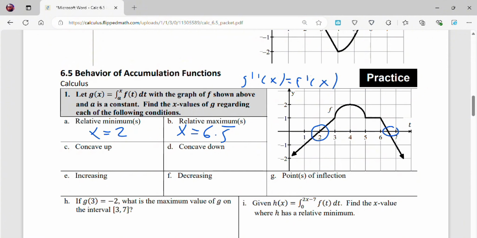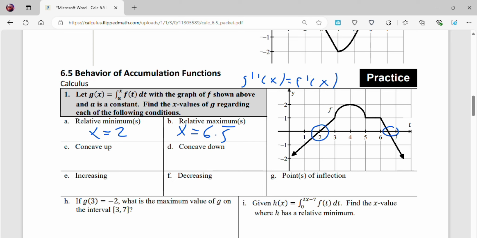So it is concave up. Okay, right. So concave up means that g double prime of x has to be greater than 0. So that means that f prime is going to be greater than 0.